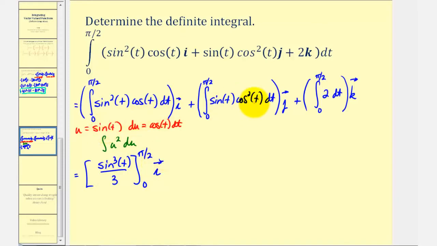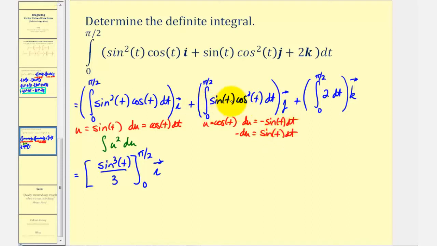And now for the next integral, notice that u is equal to cosine t this time, because this is raised to the 2nd power. So differential u is equal to negative sine t dt, which means negative du is equal to sine t dt.